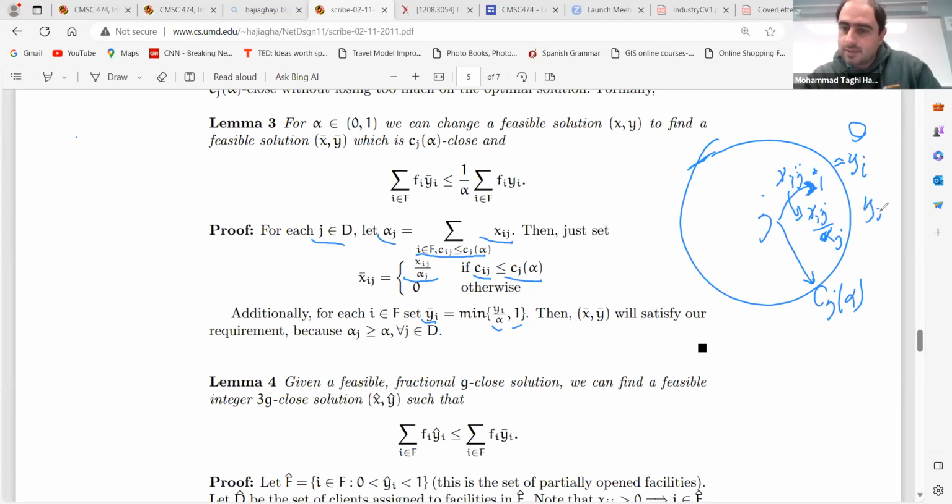I need to do the same thing here by some alpha. And this would actually be greater than this one because alpha is less than or equal to alpha j. So I need to also blow up yi, and you can think about alpha j's as equal to alpha. I'm blowing up xij's, I need to blow up also yi, and of course it should be at most 1. I don't want anything more than 1.